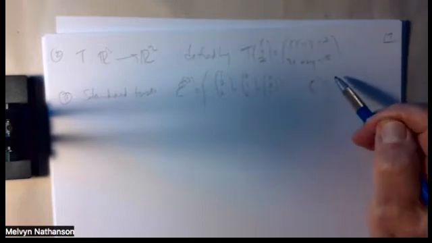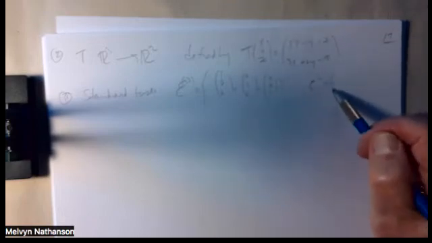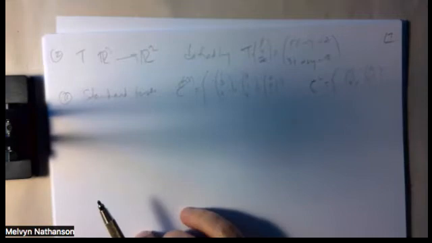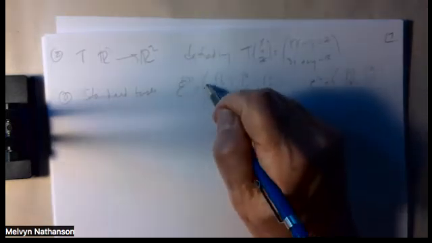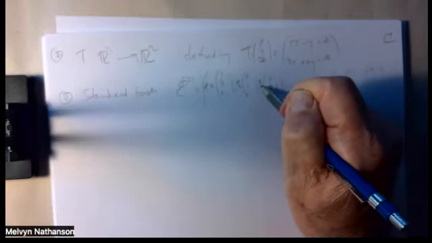And E2 is the standard basis for R2, which is 1, 0, and 0, 1. So let me call these vectors E1, E2, and E3. And just to have different letters, I'll call these F1 and F2.